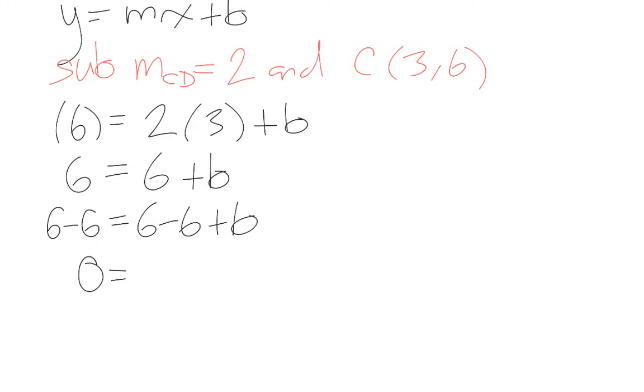And 6 minus 6 cancels out. The b stays the same. I like to read from left to right, so I'm going to flip this so it reads b is equal to 0. So we've just figured out the y-intercept of this right bisector, which happens to be 0, which means it goes through the origin. It goes through the center of the circle.